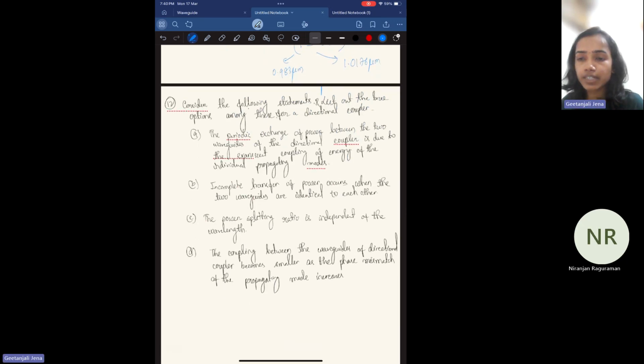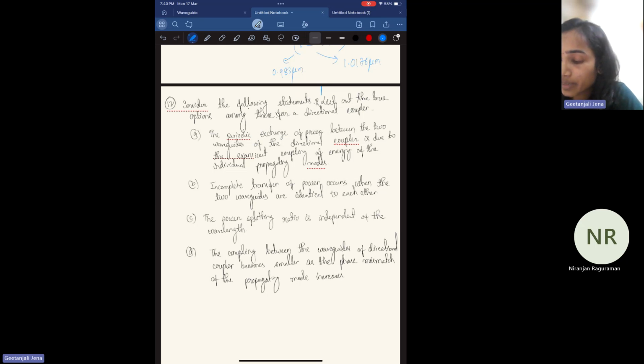The next question is a bit conceptual one. So I would suggest please go through the options and let me know the answer. It is given, consider the following statements and list out the true options among these for a directional coupler. The first option is the periodic exchange of power between the two waveguides of the directional coupler is due to the evanescent coupling of energy of the individual propagating modes.